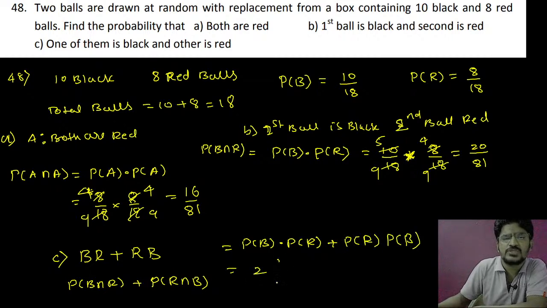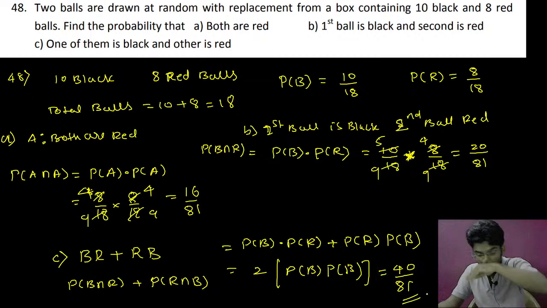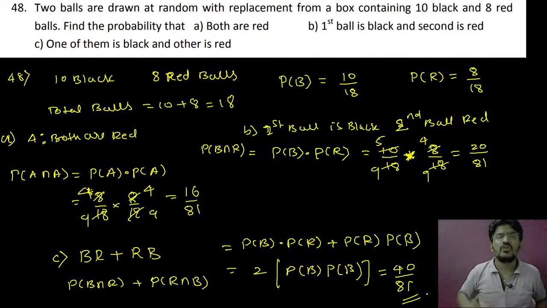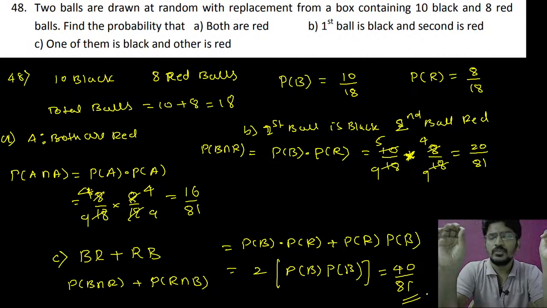That will be 2 times of probability of B into probability of R. So already you have solved here, that is probability of B into R is 20 by 81. So you simplify that, the answer is going to be equal to 40 by 81. Okay. So we successfully completed part D of model paper 2.